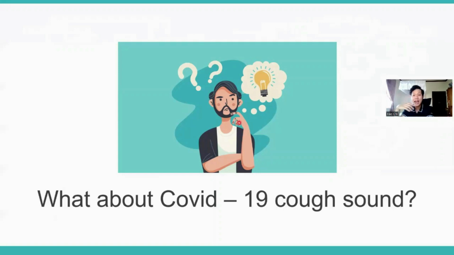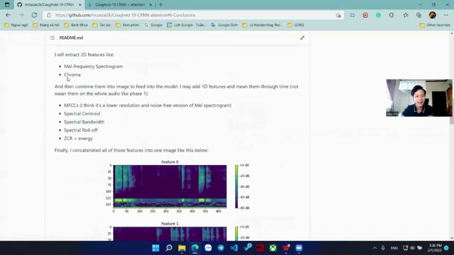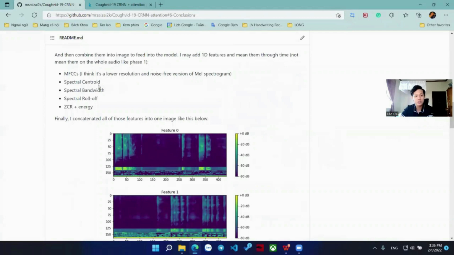So the best model that I came across is CRNN because it works really well with series data. Let's first talk about the data. I use a lot of things like mel frequency spectrogram, MFCCs, spectral centroid, spectral bandwidth, rolloff, ZCR, and energy.